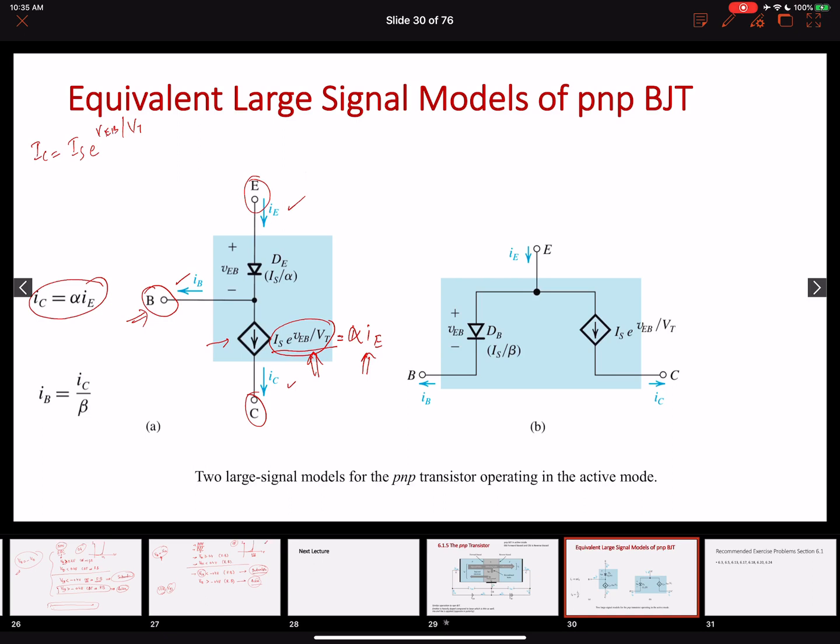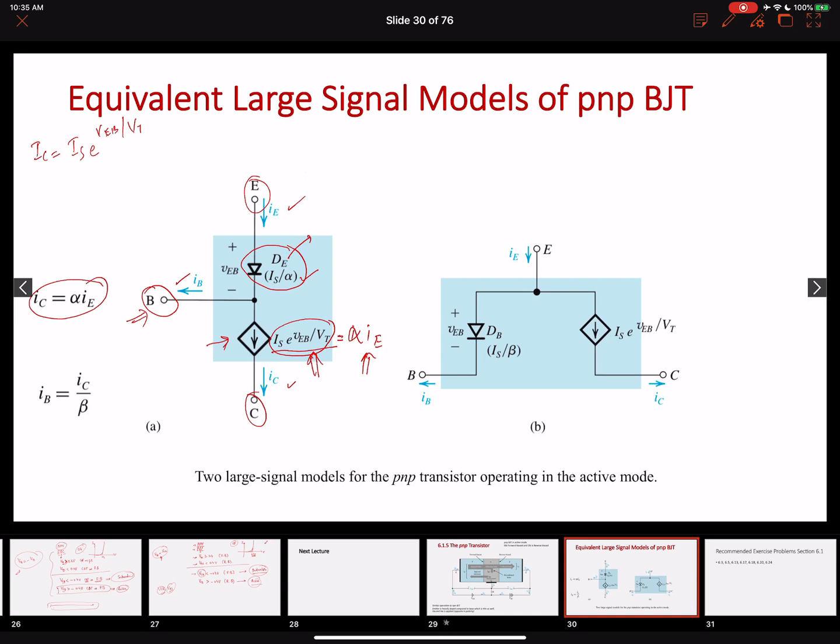So this is the current source that appears in the collector terminal, and now we have a diode that appears in the emitter branch. This is the diode DE, and this diode represents the emitter-to-base junction for a common base model. The scaling current through this diode will be equal to IS over alpha.